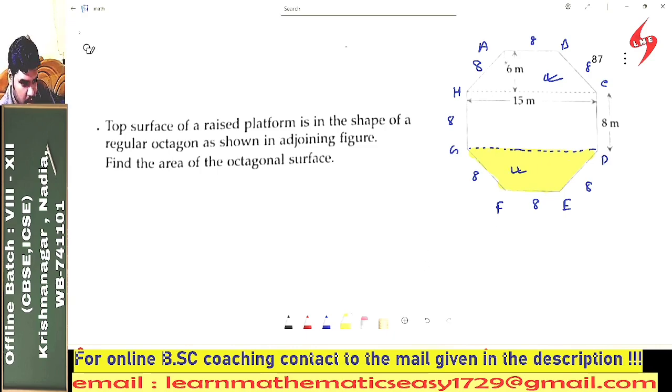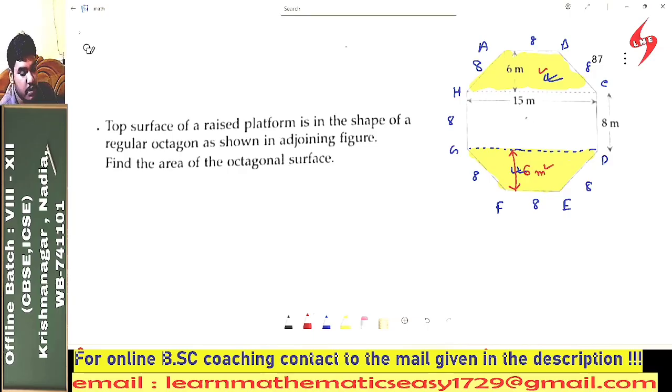As this is a regular octagon, these two trapeziums are symmetric. So that means this length is also 6 meter.